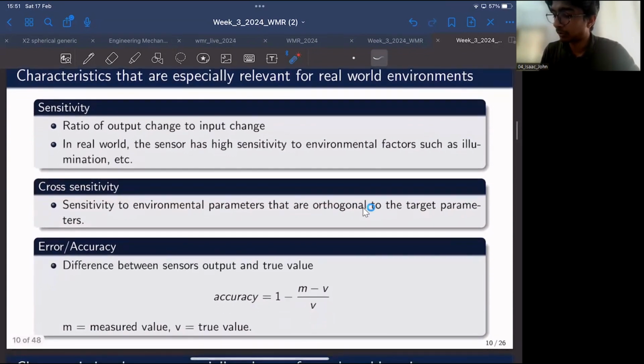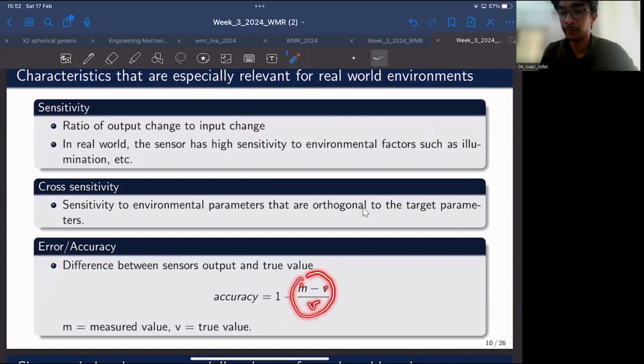And yeah, there is one more thing, what we call the accuracy or error of the sensor. It's a broad term, and it does not really apply to sensors alone, as expressed by this equation. It's the difference between the measured value and the true value, divided by the true value.